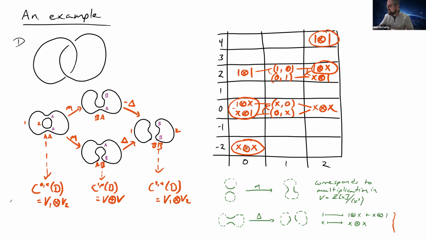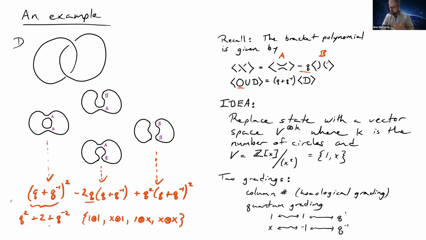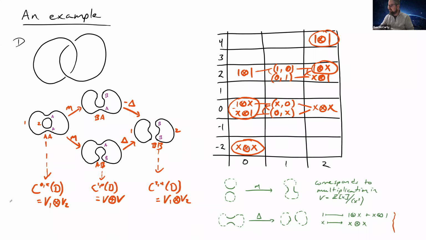So we're going to have a copy of the integers at gradings 0, -2, 0, 0, 2, 2, and 2, 4. Okay, and if you play with this bracket polynomial that we just computed, expand everything out and simplify, you'll see that we get q to the -2 plus 1 plus q squared plus q to the 4th.